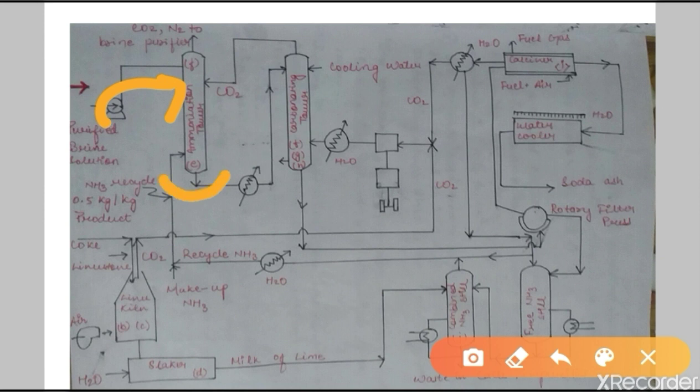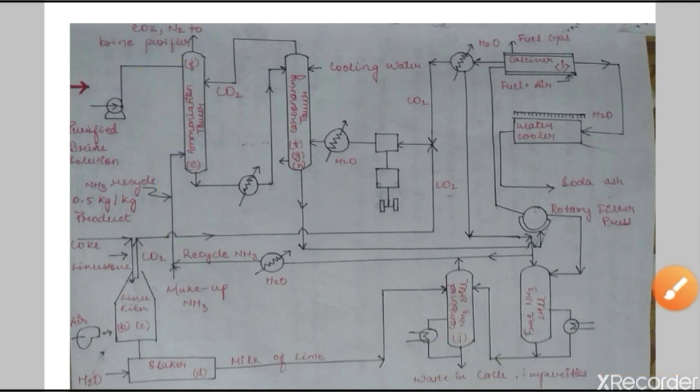This is your ammoniation tower. The name suggests that something like ammonia is involved. So ammonia gas is allowed to enter from the bottom of the tower, and brine solution is allowed to enter from the very top. And the reaction occurring between these two are depicted with the E. What happens?